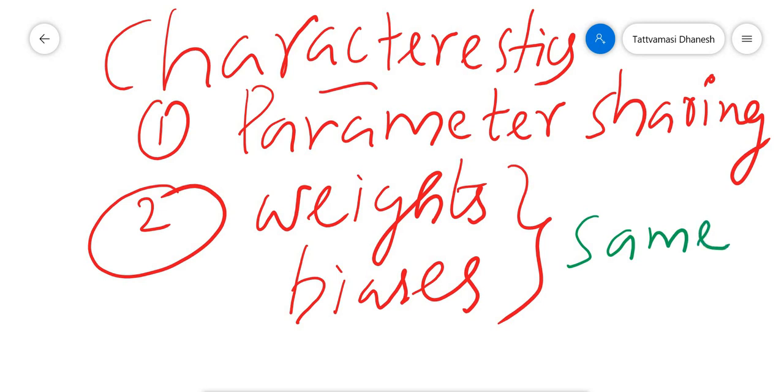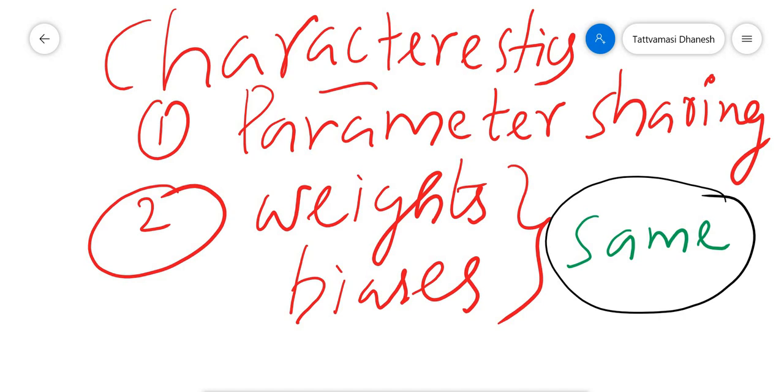This is very, very important. This is the major design change in a recurrent neural network, because each cell is a copy of its successor. Here the weights and biases are the same.